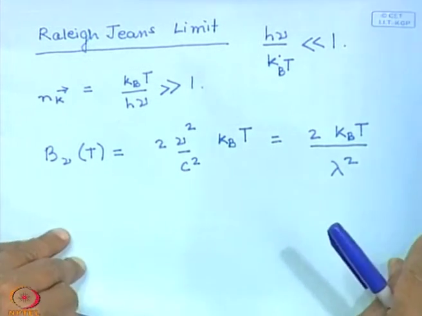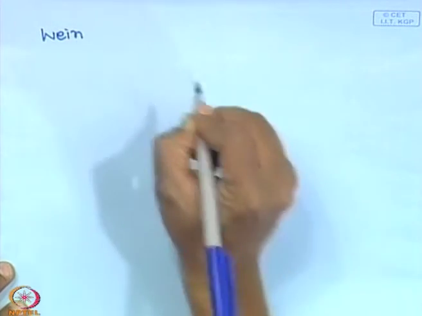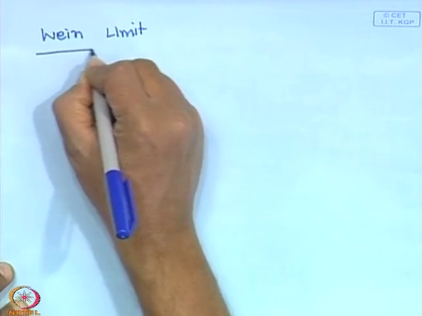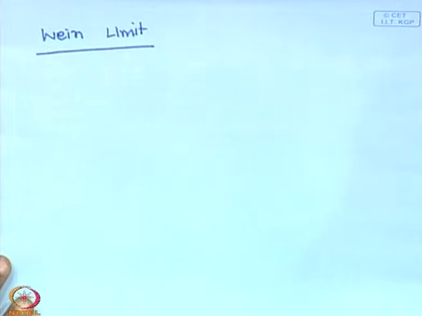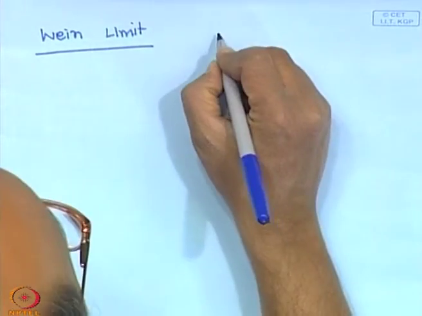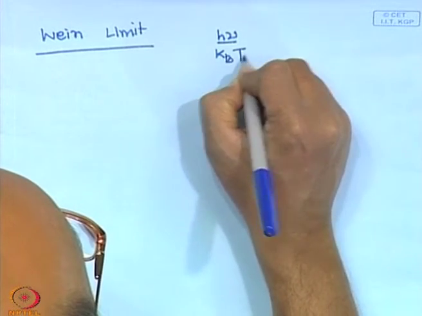Now, there is the other limit, the Wien limit, or the Wien spectrum, and here it is assumed that h nu by kB T is much greater than 1.